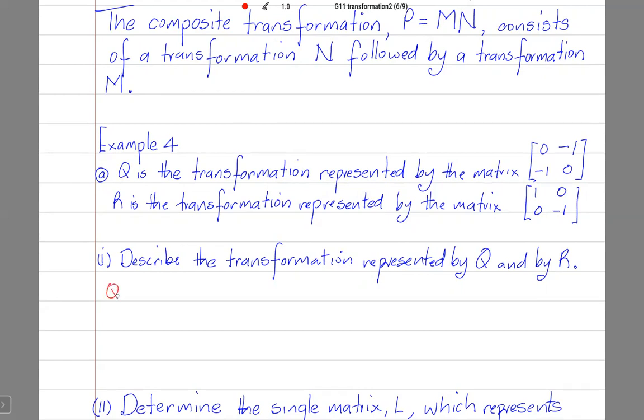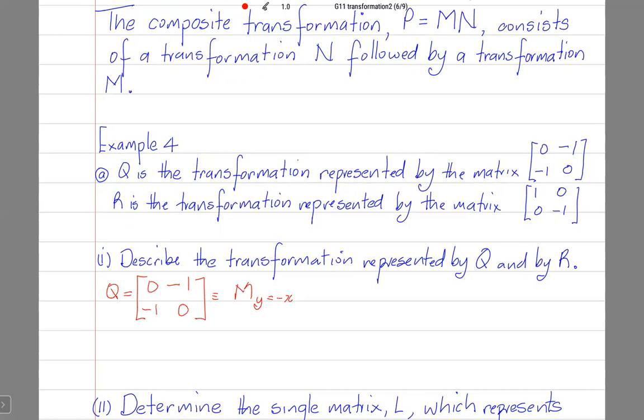So Q is the matrix 0, -1, -1, 0. I think this is M, Y is equal to -X. Am I correct? I think when you reflect in the line Y is equal to -X, the X and Y coordinates interchange and their signs change.